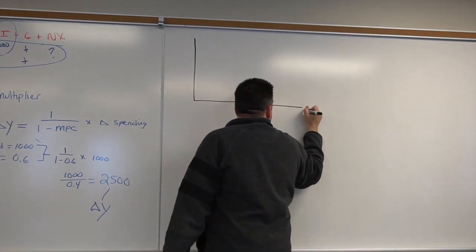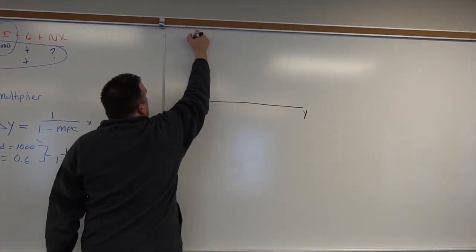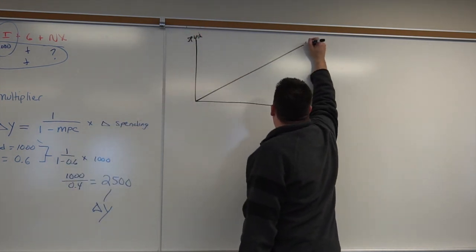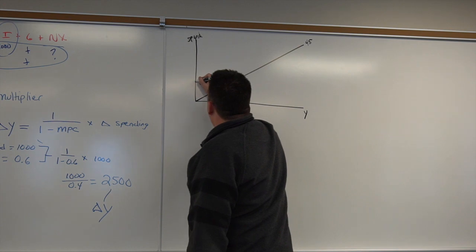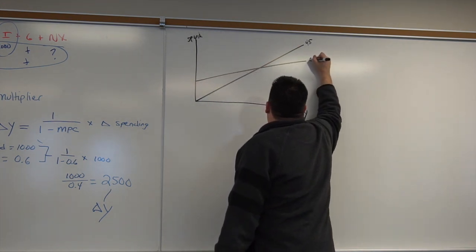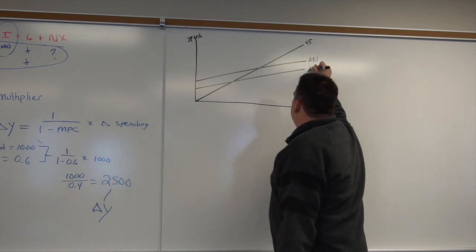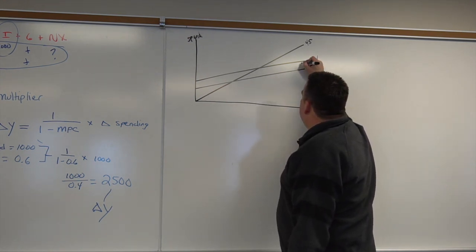So we've already seen an increase in spending. What would a decrease in spending look like? Just to do it quickly, we would just take our aggregate expenditure function and shift it down.